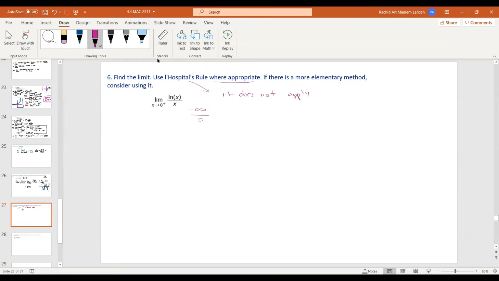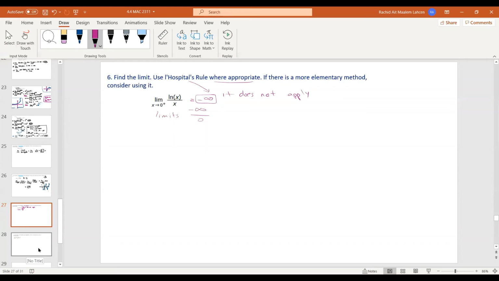So think about it in terms of limits: you're dividing negative infinity by a small number. As this approaches 0, the number is getting very small, so negative infinity just becomes bigger in that sense. So this one is going to be negative infinity, because L'Hopital's rule does not apply here.